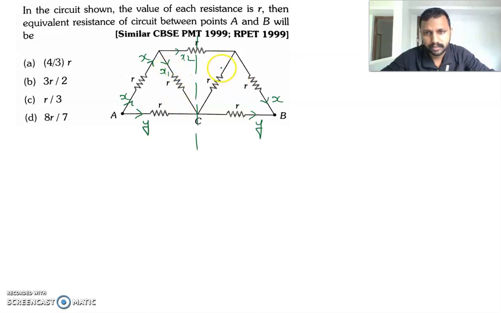If this is X1, the mirror image component should be X1 itself. That means the X1 current is not entering into this circuit, it moves as X1 itself. Similarly, the Y current which is passing like this moves as Y current itself. Therefore, this connection could be removed.